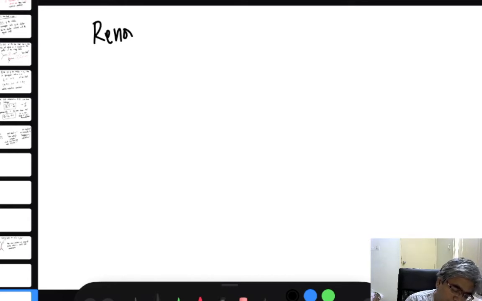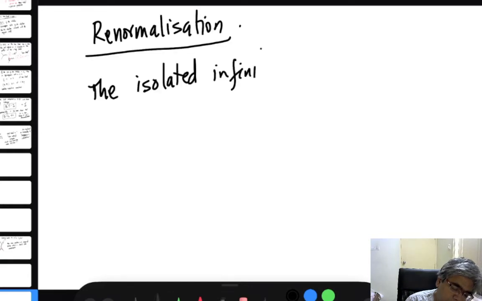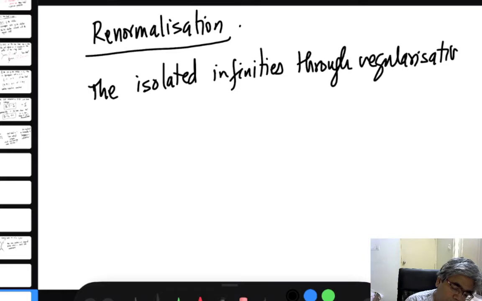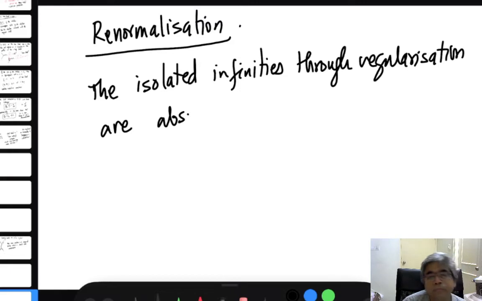The isolated infinities, through regularization, are absorbed into the physical parameters of the theory.